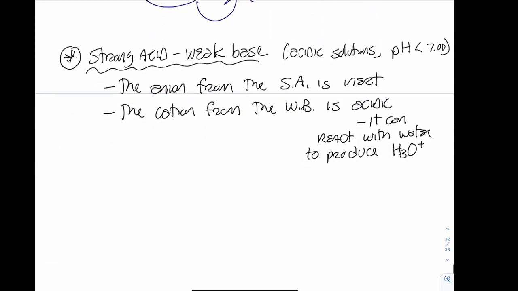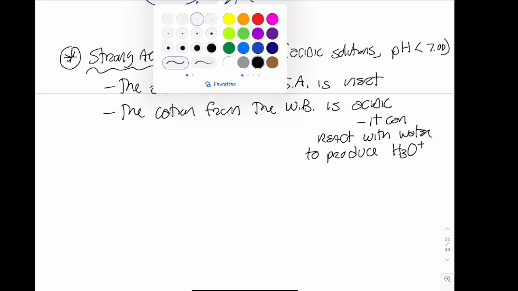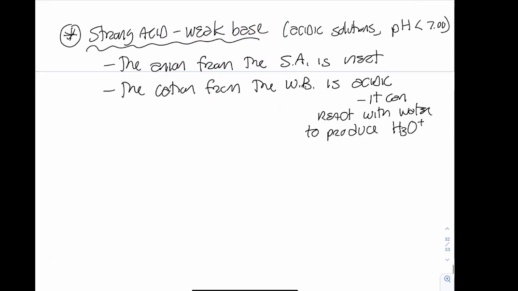So an example for this one, I'm going to use HBr again, and then I'm going to react it with ammonia, which is our weak base here. Sometimes the water really isn't super obvious.